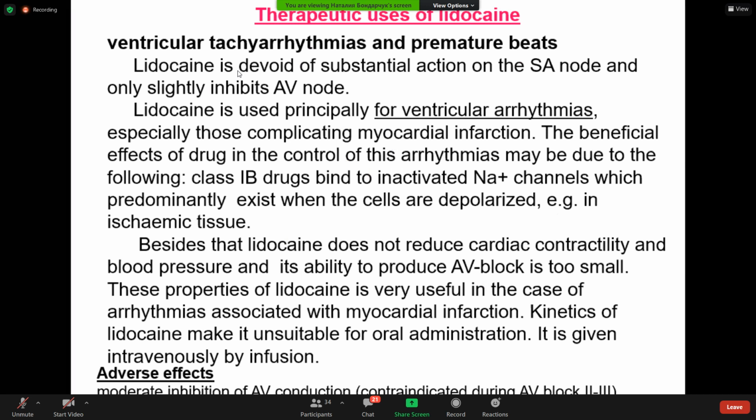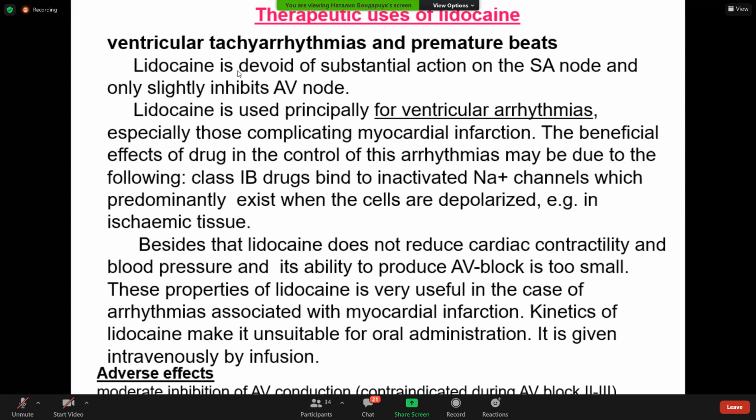If we ask you what drug is the drug of first choice to stop ventricular arrhythmias as the complication of myocardial infarction, you will tell us lidocaine.